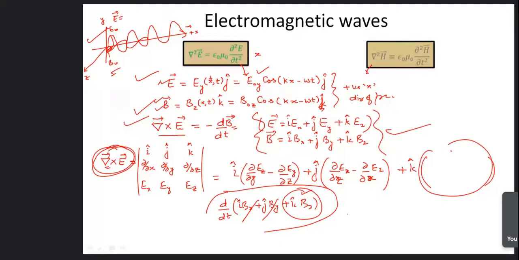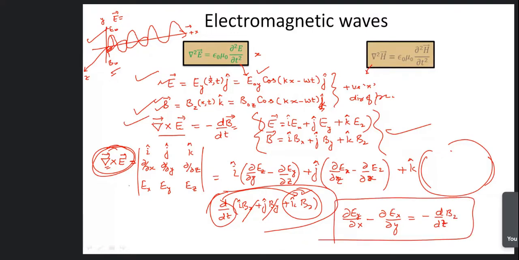So you can write that this is equal to negative of d by dt when I operate with this operator on this. So this is my wave equation, or you can say this is a relation between these components.